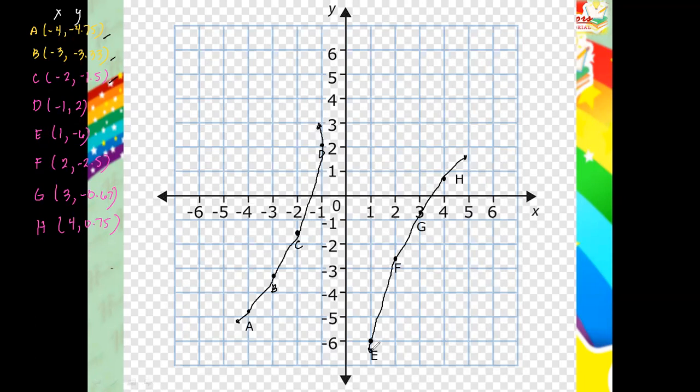By the way, I am advising you to learn first how to do it manually rather than just using applications, because there are a lot of applications in graphing. But it will be your treasure if you learn how to do the graphing manually or by hand.